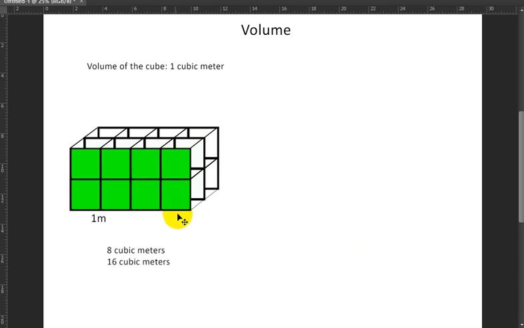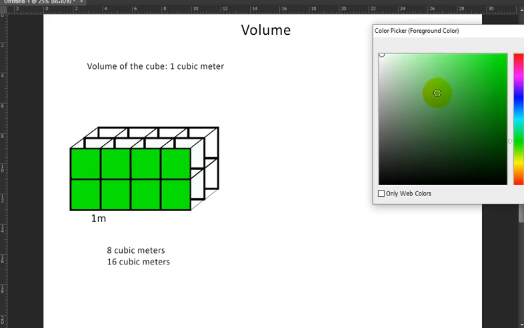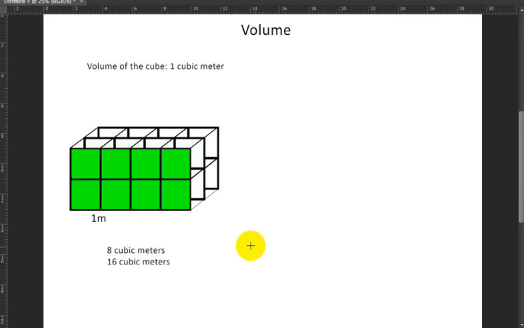Well, what if instead of this, I gave you a shape? And I told you that this shape has a length of 8 meters.